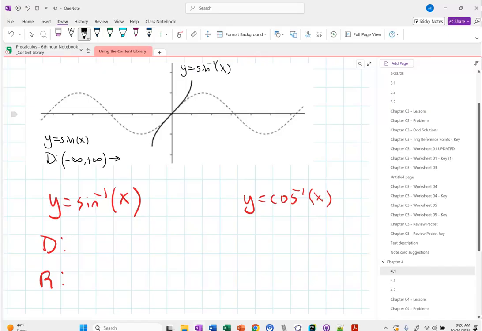But we just restricted that down to here. The range was negative 1 to 1, but when we restricted the domain, we did it in such a way that the range was not also restricted, right?